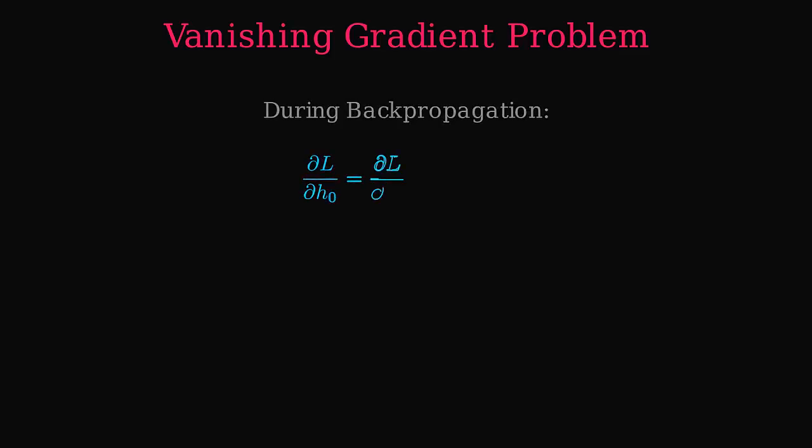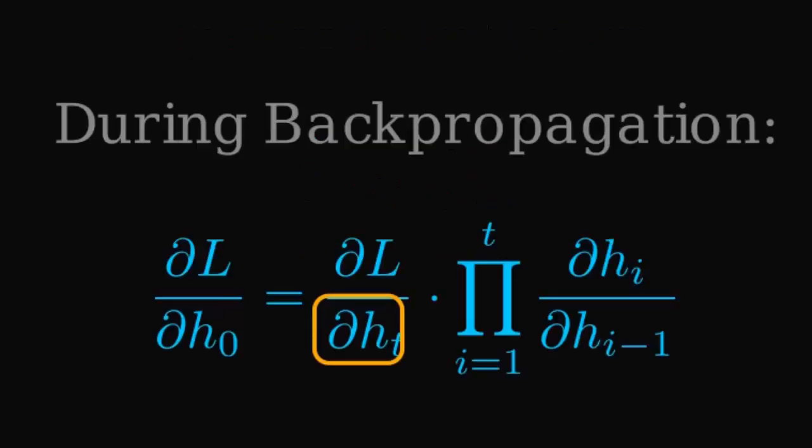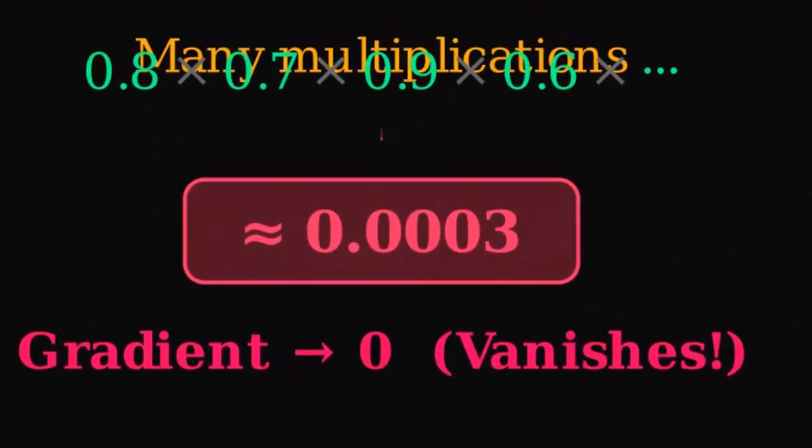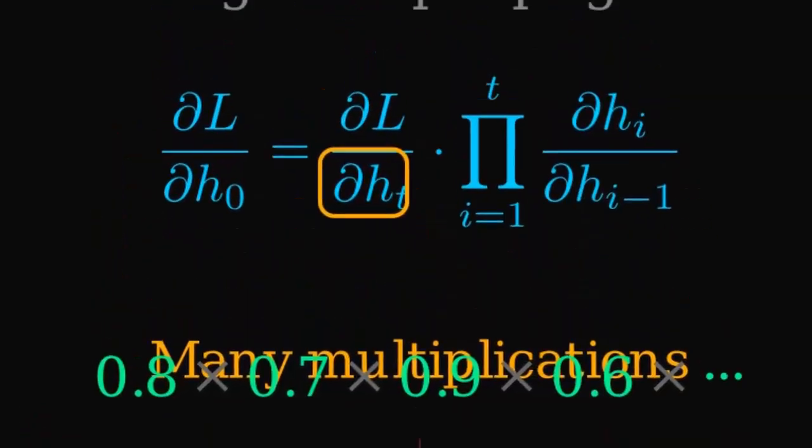Here's why, mathematically. The gradient, that learning signal, is calculated as a long chain of multiplication. We are multiplying many small numbers together, one for each time step. And if you repeatedly multiply numbers that are less than 1, the final result gets exponentially smaller, approaching 0. The gradient vanishes.